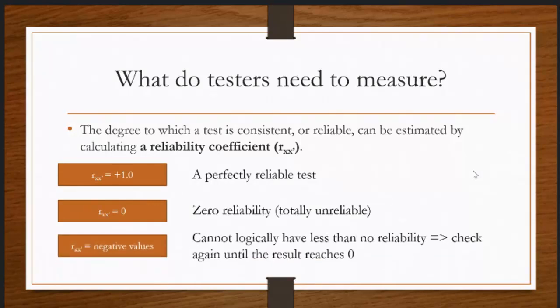And if it is a negative value, it means minus. You cannot logically have less than no reliability, so this is not acceptable. So the tester needs to check again until the result reaches 0.